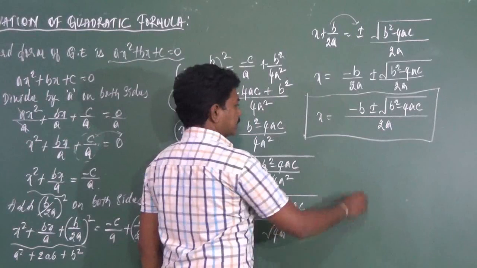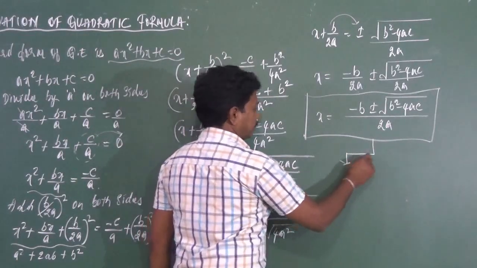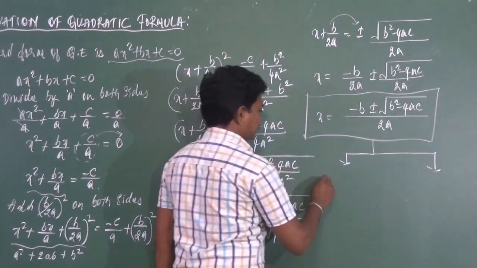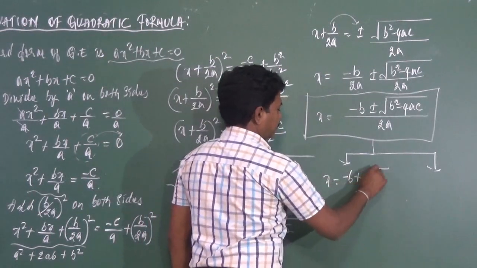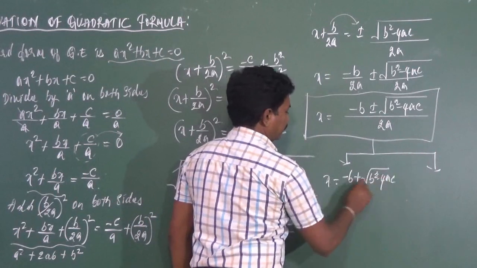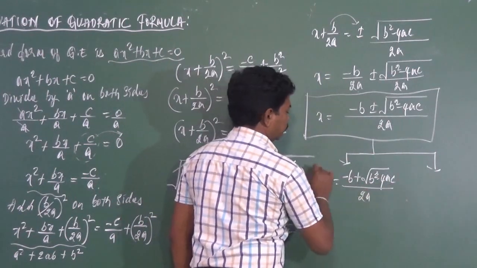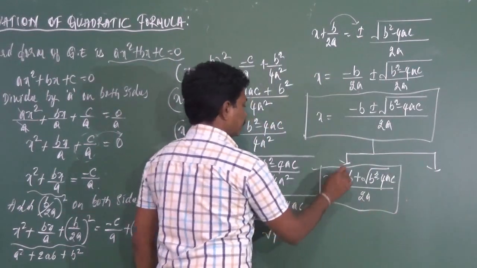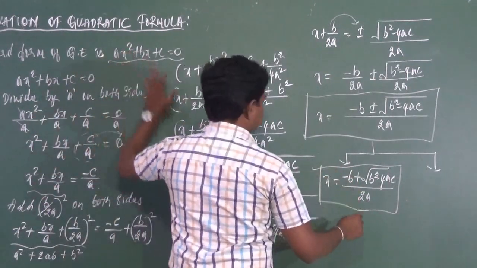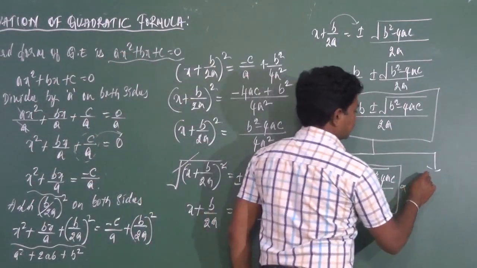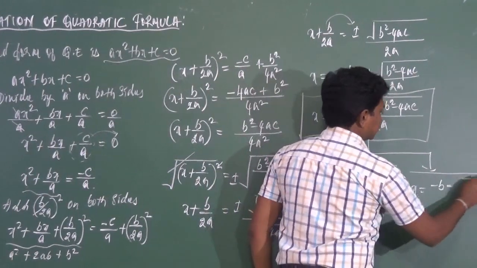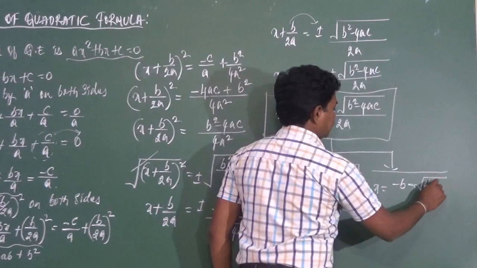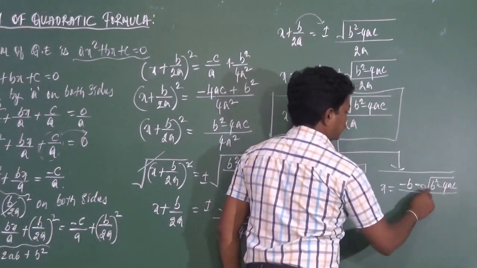So when you split this, it becomes x is equal to minus b plus square root of b square minus 4ac by 2a. This is one of the roots, and another root is x is equal to minus b minus square root of b square minus 4ac by 2a.